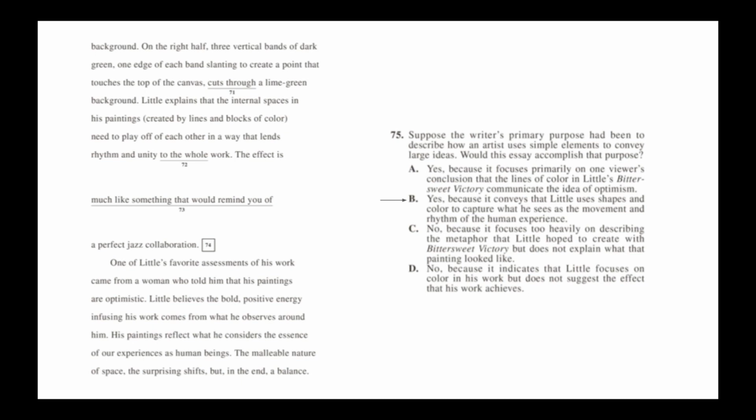Option A isn't correct because, let's see what option A says. It focuses primarily on one viewer's conclusion that the lines of color in Little's Bittersweet communicate the idea of optimism. Even though the passage does deal with bittersweet victory, that isn't its main focus, and the main focus isn't one viewer's point of view on that painting.